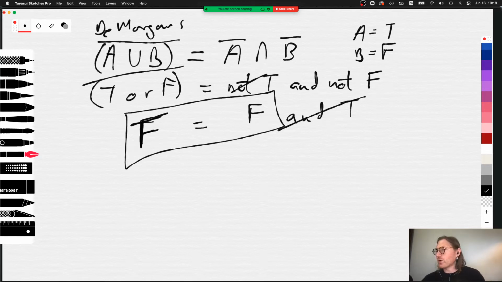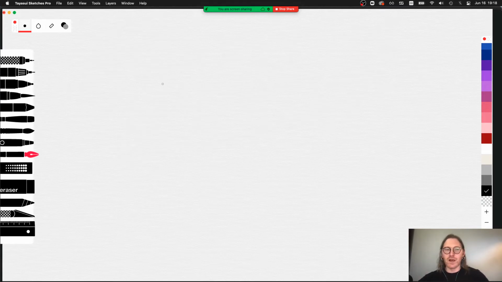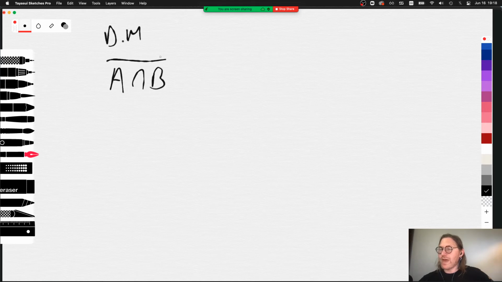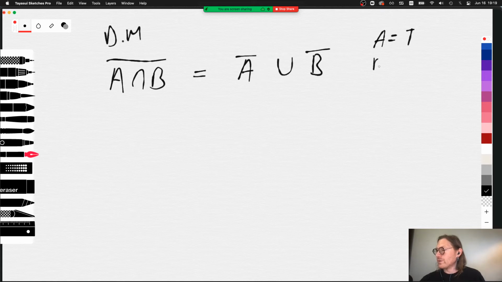The other De Morgan's law looks very similar. So these are De Morgan's laws. The other one is A intersect B. That expression, notted, is going to be not A, or I should use union here to be consistent, not A unioned with not B. And again, if A is true, B is false, we can fill this in and see this is going to be true and false, and that will be notted.